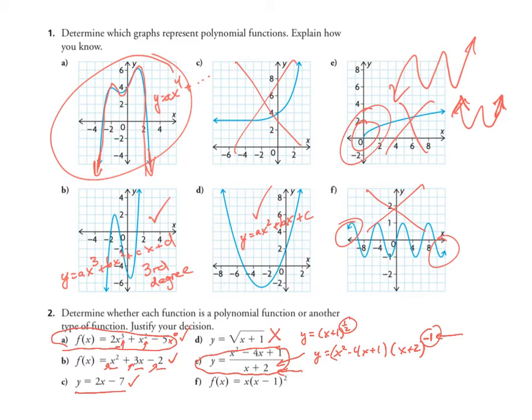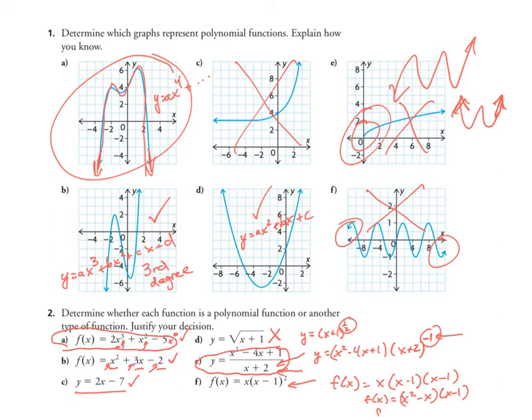Next, yeah, this one actually is a polynomial, this last one. Right? Because if I were to expand that, f of x equals, this is x times x minus 1 times x minus 1. Another way to put that is x times x squared minus x times x minus 1.